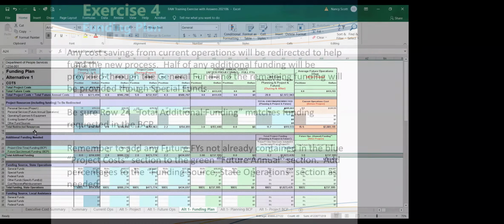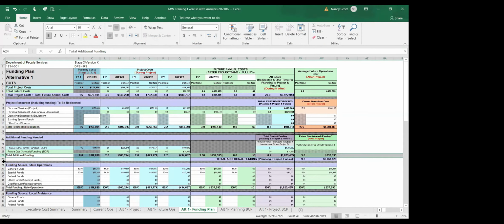So going to our responses, row 24 is the total additional funding needed, whatever the costs were for that fiscal year, it's going to show up there. So we know that for 2018-19, our BCP should match the 114,690.